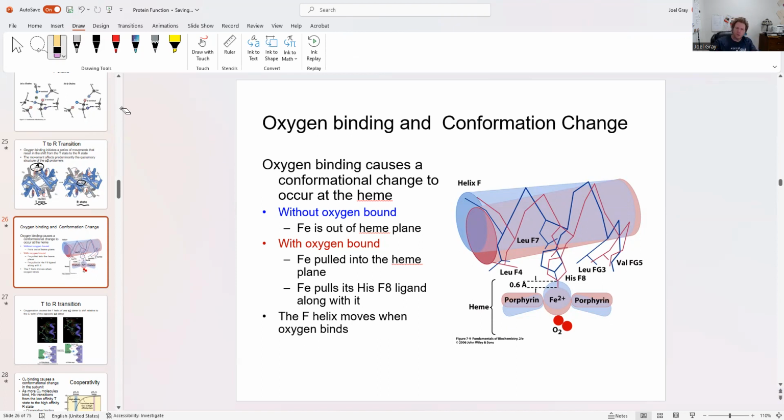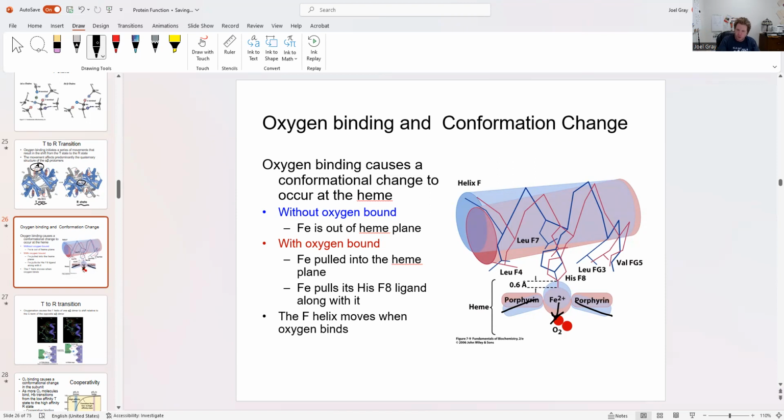When oxygen binds to the iron, it's going to pull the iron downward. When it pulls iron downward, the rings of our heme molecule are going to flatten out, going from this inverted V to a flat shape.